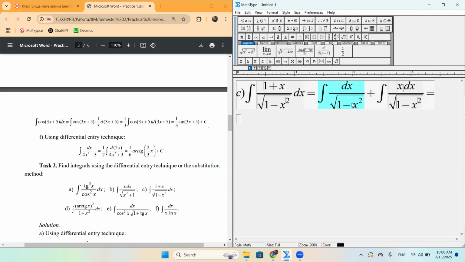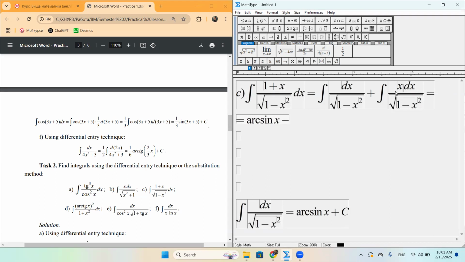The first one is the table integral, and it equals arc sine of x plus c. This is a table integral. And this can be calculated with the differential entry technique. So now let's calculate the next. Arc sine of x, and the constant c will be added in the final answer.